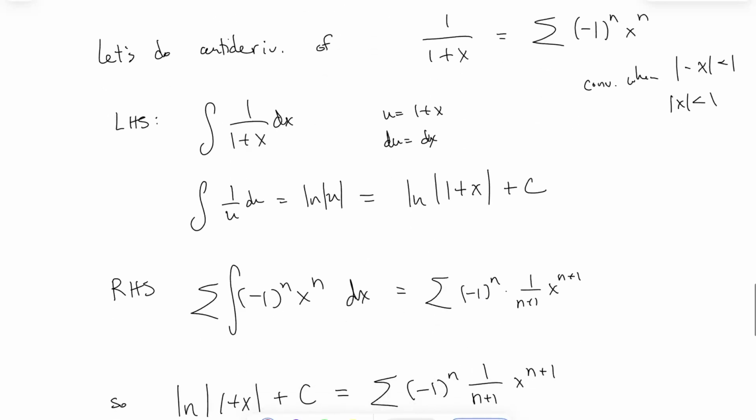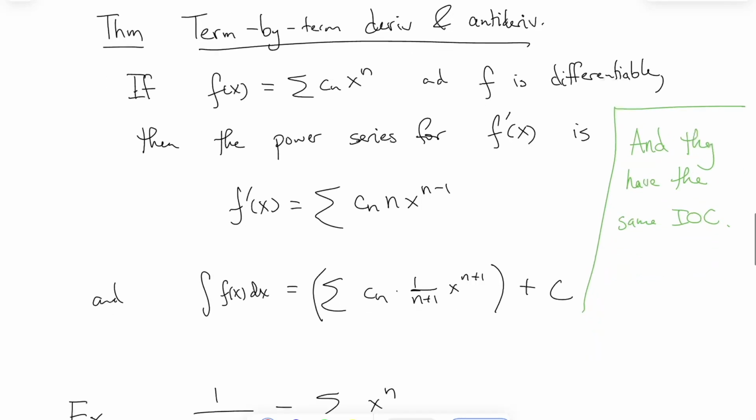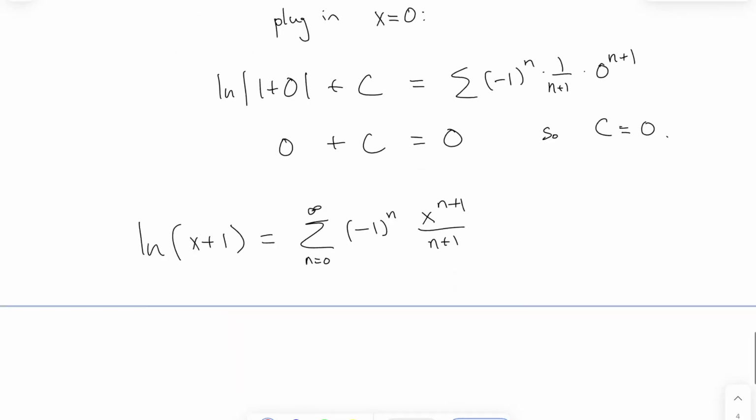And then afterwards, all we did was take the antiderivative of that series. And as I said in green up here, taking the derivative or antiderivative does not change the interval of convergence. And so the convergence here is also converges when absolute value x less than 1, right?